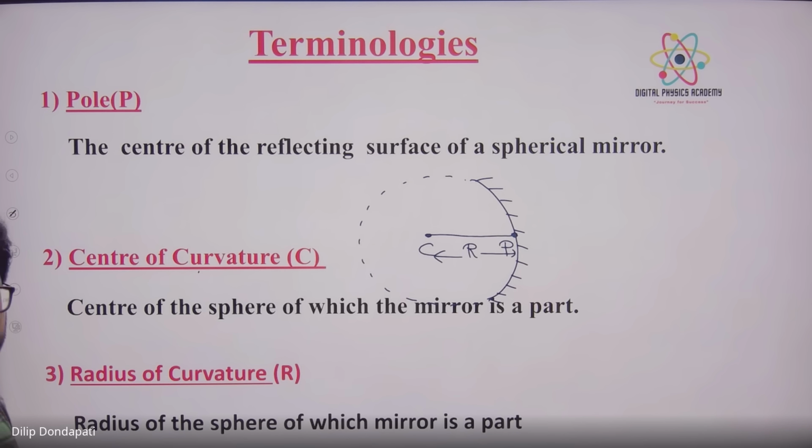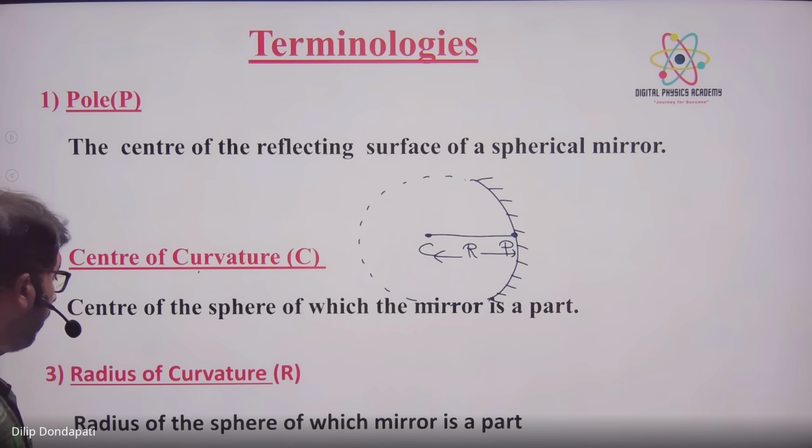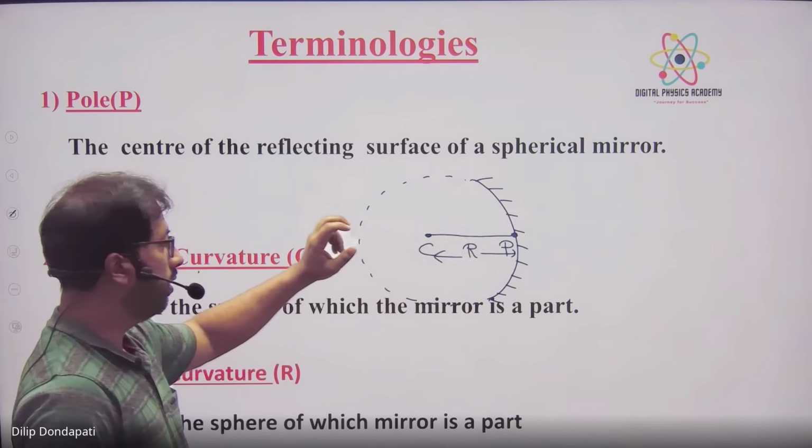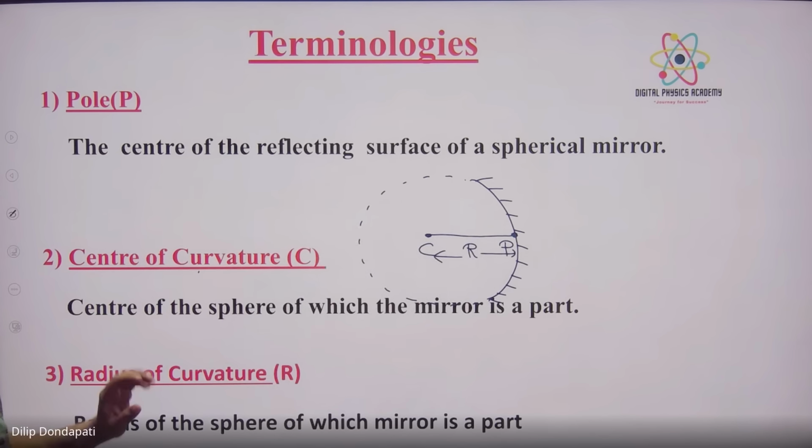Done, complete. Write it neatly. Radius of the sphere of which mirror is a part. So we learned three terminologies: pole, center of curvature, radius of curvature.